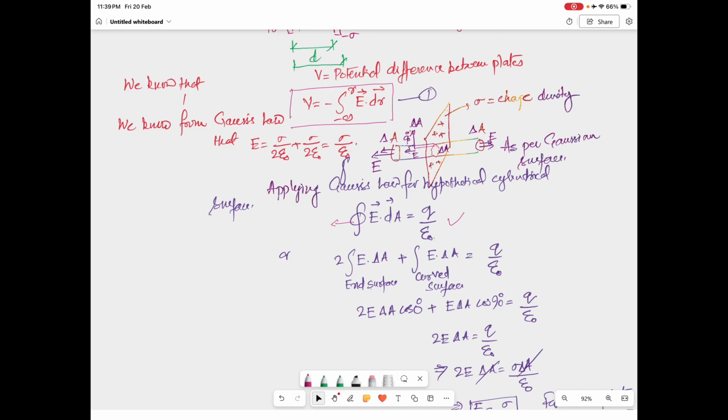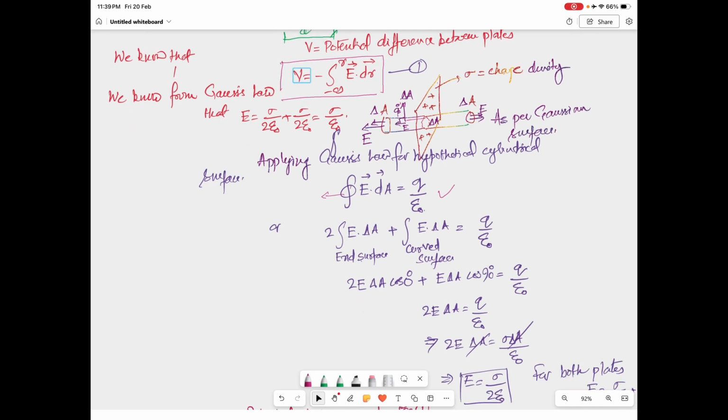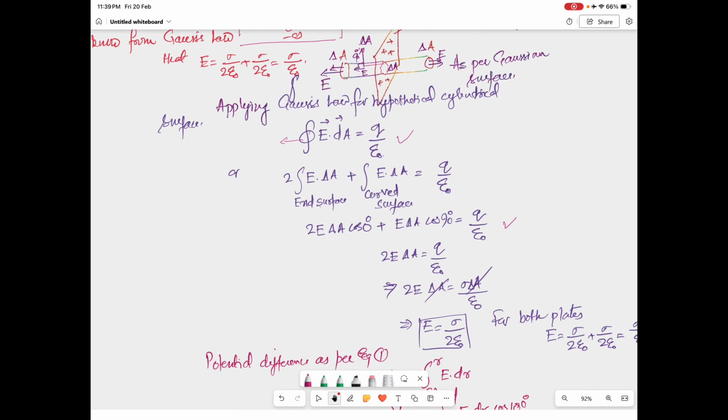As I told, the angle is 90 degree for the curved surface, so it is not going to contribute, and 2 E delta A cos 0 degree is q upon epsilon naught. By expanding, I get 2 E delta A is q upon epsilon naught, but q is nothing but the charge, which I can write as sigma into delta A. Delta A gets cancelled, so I get the electric field because of a thin plate with charge density sigma as sigma upon 2 epsilon naught.